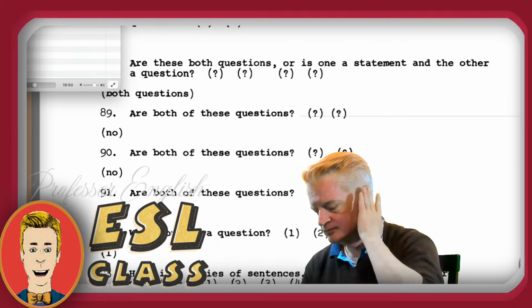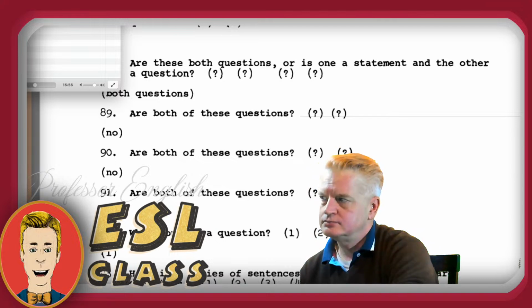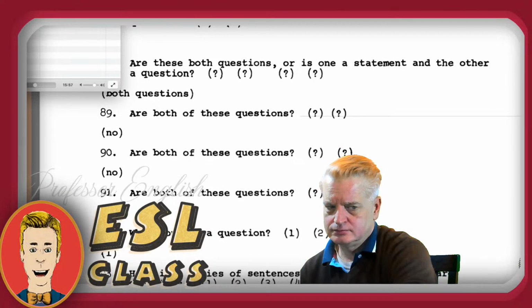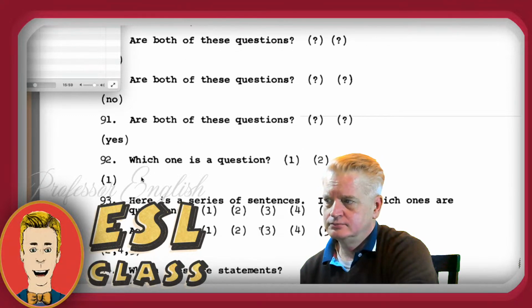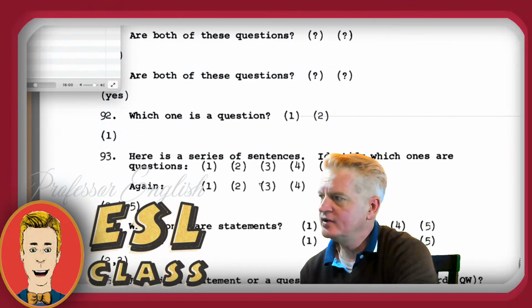Sie ist dort geradeaus. Wo ist die Bank? No. 91. Are both of these questions? Möchten Sie auch Zigarren haben? Wo sind die Zigarren? They both sound like questions.